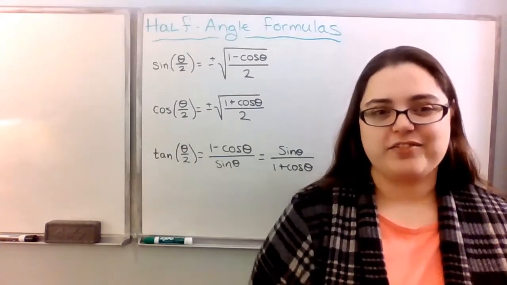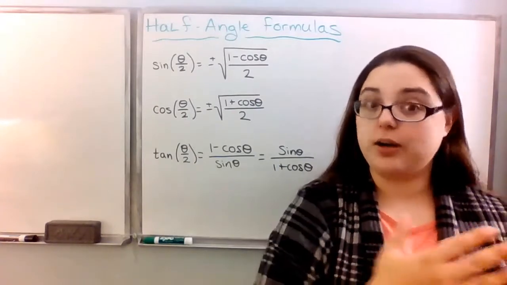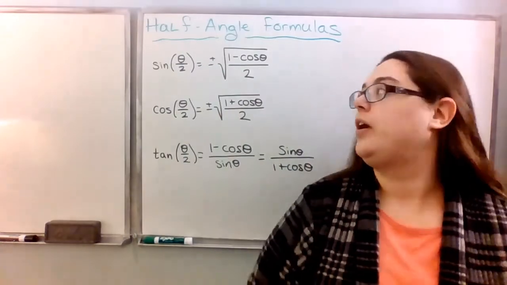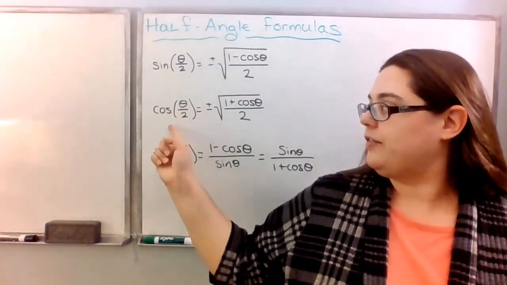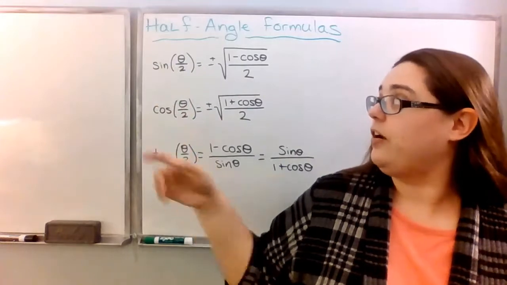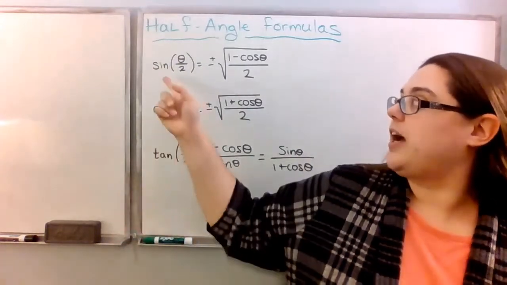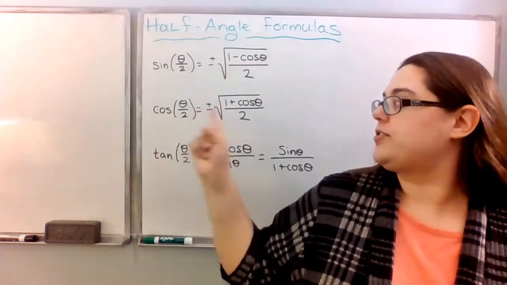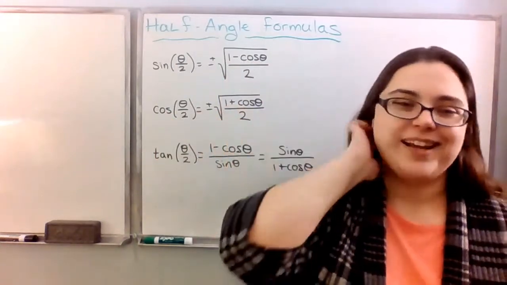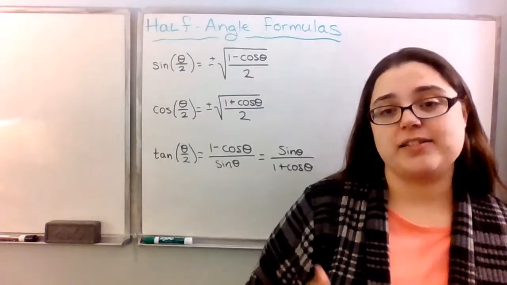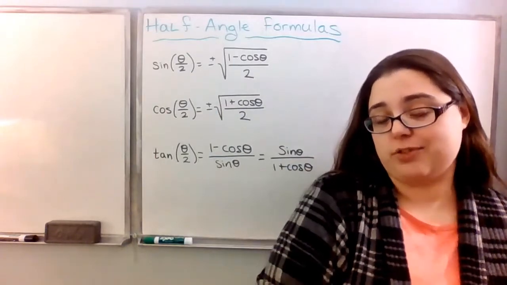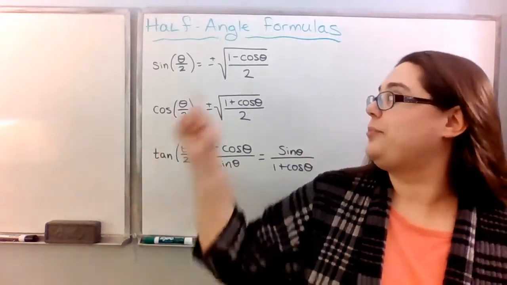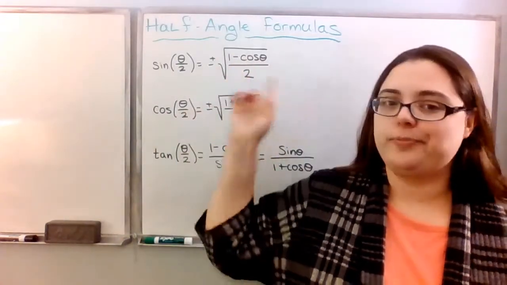So we are going to have to keep track of where theta lives and where half of theta is going to land us. The sine and cosine formulas for half of theta are very similar. For sine, you have 1 subtracting cos theta, and for cosine, you have 1 plus cos theta. You could remember that as sine, it's 1 subtracting cosine, and for cosine, it's 1 plus cosine. And then they're both over 2 under this radical.